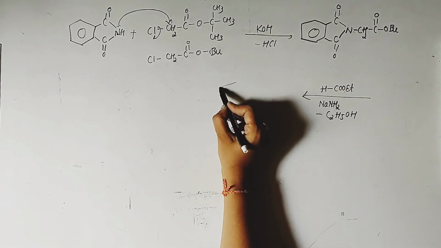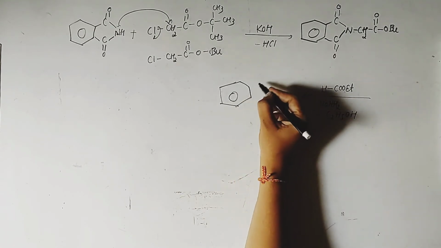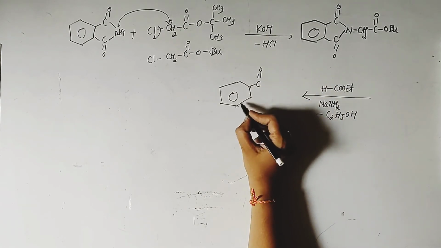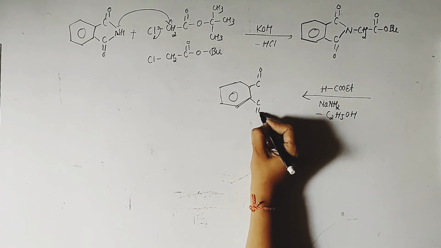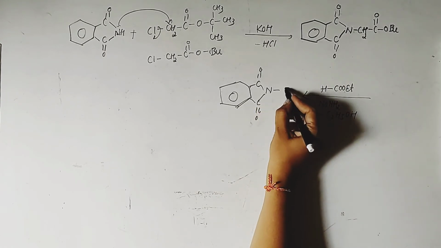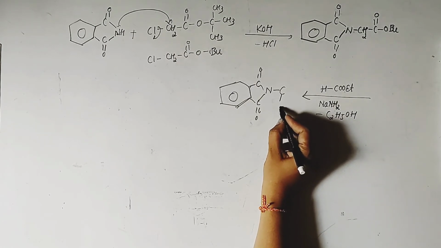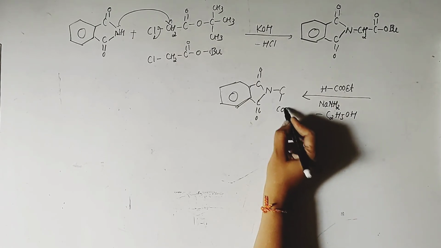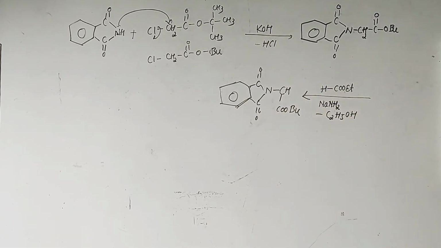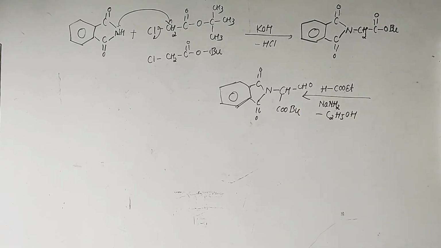So here I will write the compound. There is no change in this part. Nitrogen is here, and the carbon part here we have attached COO butyl group here, and now one of the hydrogens is replaced and the aldehyde is attached to this position.